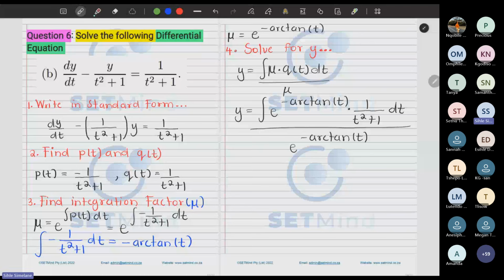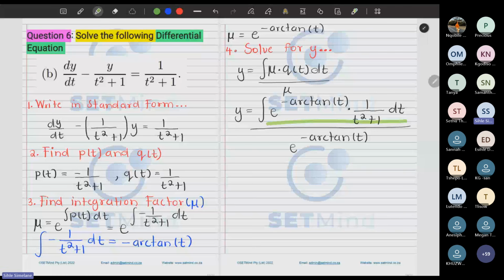Can't we use integration by parts? Maybe we can. So how would you use integration by parts here? Do you remember that it requires one of the functions to be easier to integrate, one of them to be easier to differentiate? Let me think.